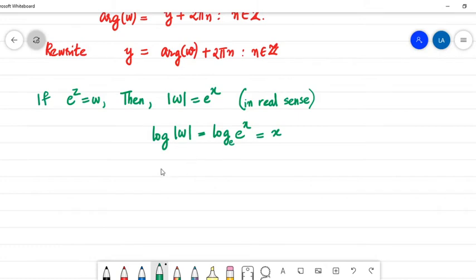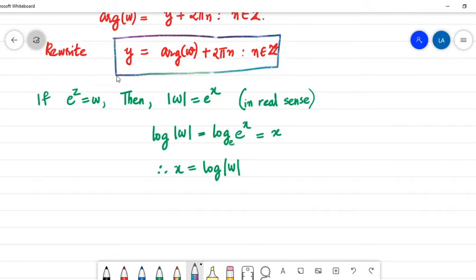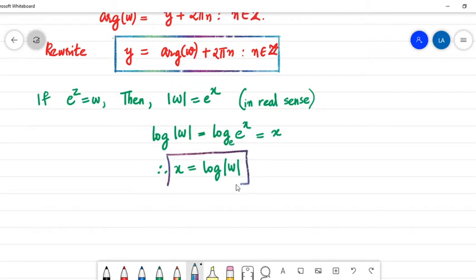So we now got that x is equal to log of mod w. So we obtained something very interesting. Here you got y is equal to a particular factor, and x also you got here as log of mod w.